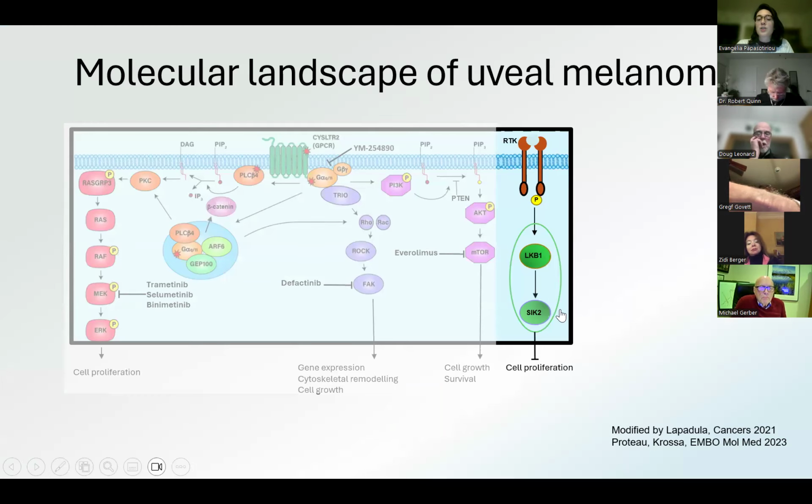So now I can actually confidently tell you that indeed LKB1 SIG2 is part of the molecular landscape of uveal melanoma, and the loss of these two drives the cellular proliferation of metastatic uveal melanoma cells.